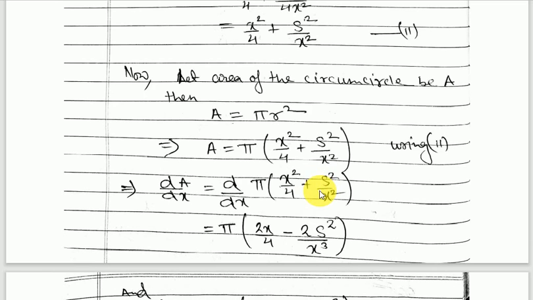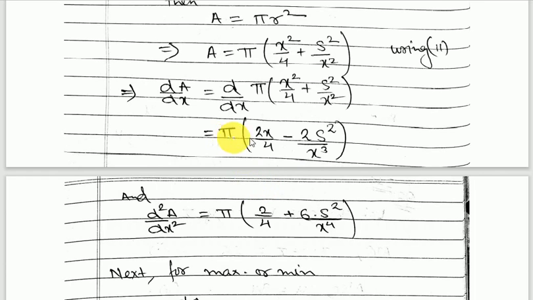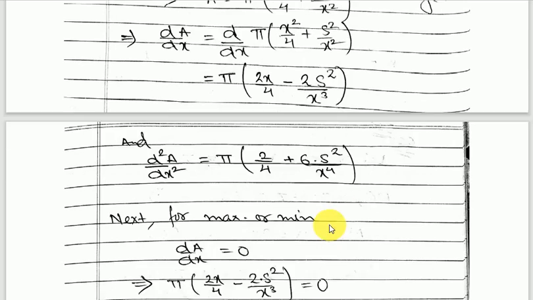Now differentiate this and you get pi times, in brackets, 2x upon 4 minus 2S square upon x cube. Find the second derivative also. Later you can put the first derivative equal to 0 and then find the second derivative. The second derivative is pi times, 2 upon 4 plus 6 S square upon x to the power 4.